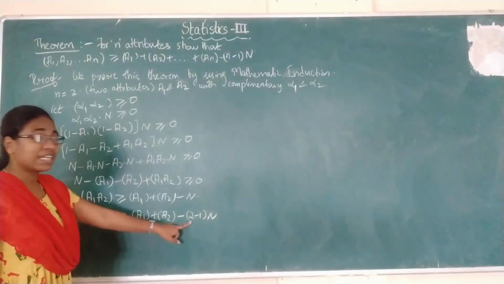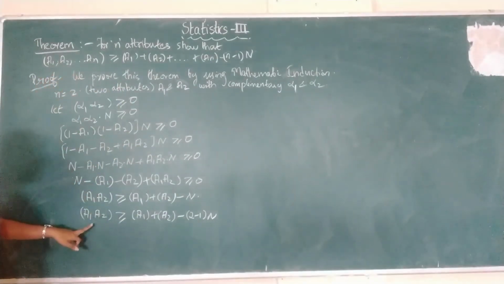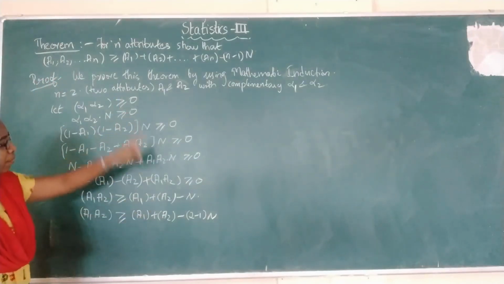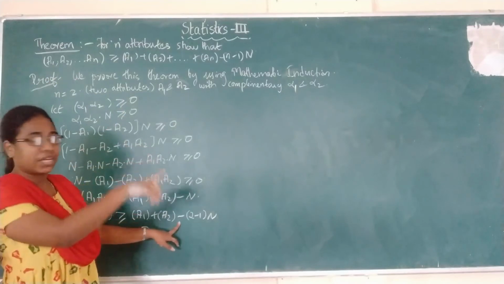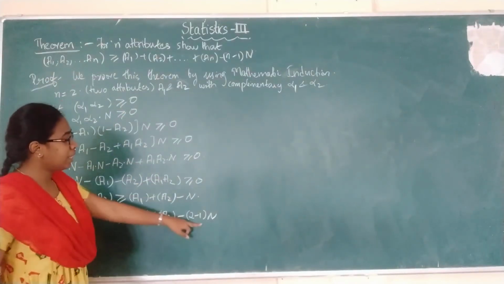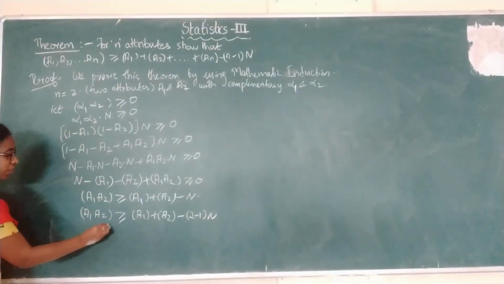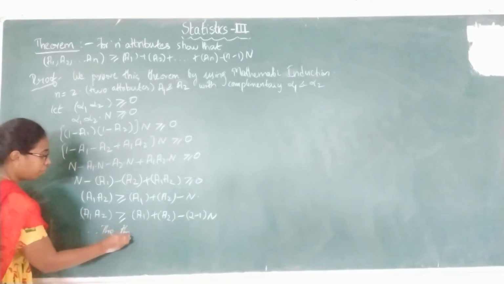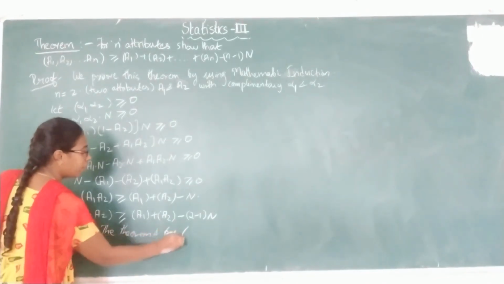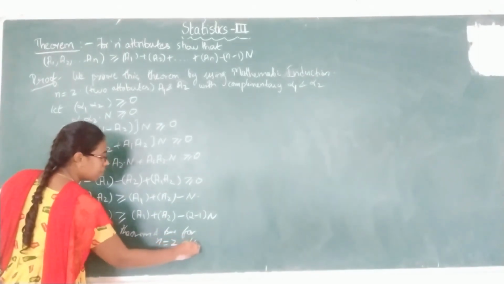Whenever I consider two attributes, compare with the statement: the combination of two attributes is at least the addition of the two attributes minus (n minus 1) into N. Here what is the n value? n I have considered as 2, right? So 2 minus 1 into capital N. Therefore, the theorem is true for n equals 2 attributes.